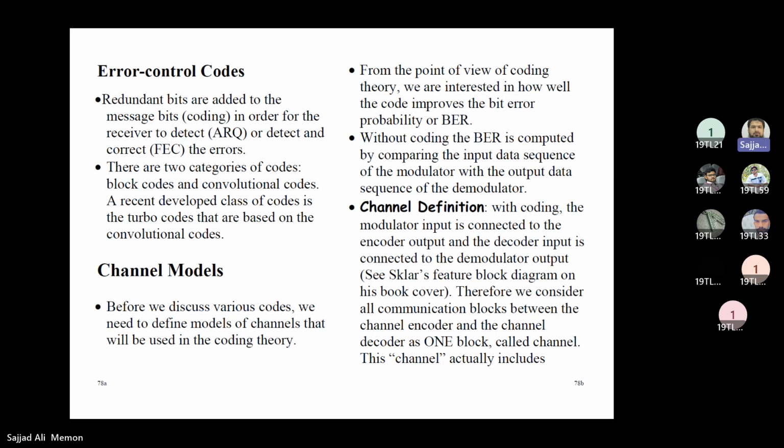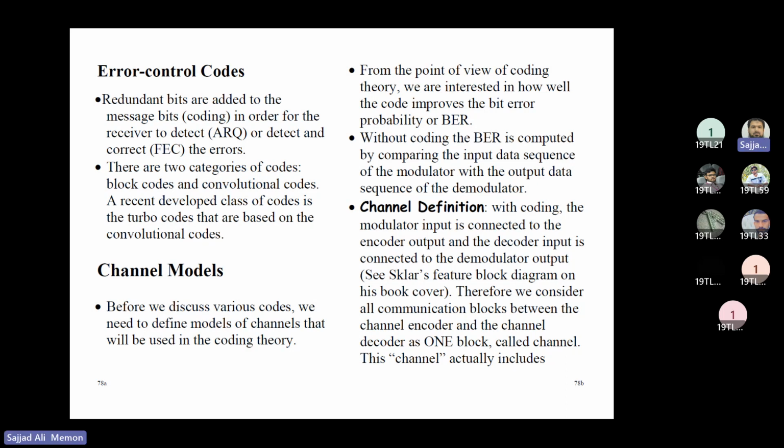In case of ARQ it only detects. Using those redundant bits, ARQ will be able to detect the error. In case of FEC, it will not only detect, but it can also correct the errors using those redundant bits.